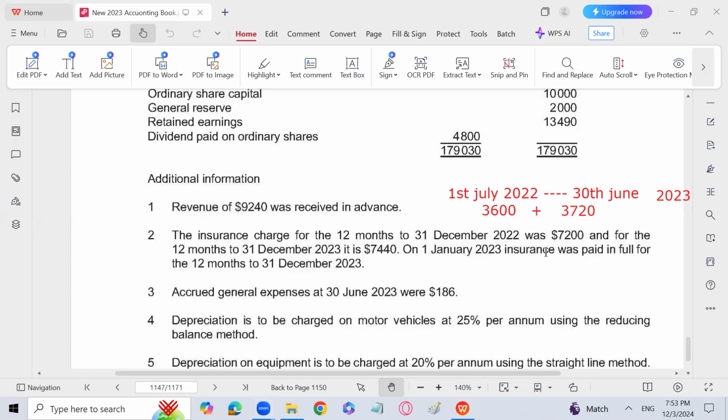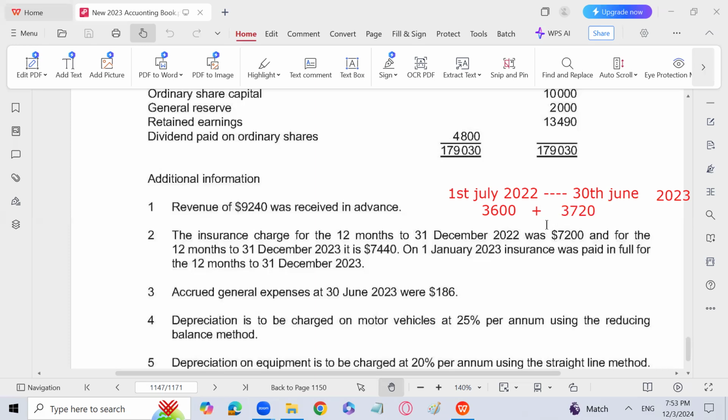If we add these two, that will be the insurance expense which should be written in the statement of profit and loss. But we can do it like this: 7,440 is already added in insurance. So 3,720 of the next 6 months, which basically belongs to 30th June 2023 till 31st December 2023, is prepaid.